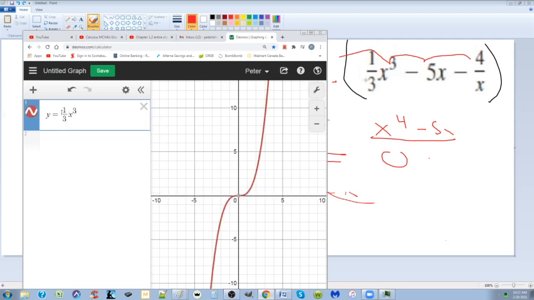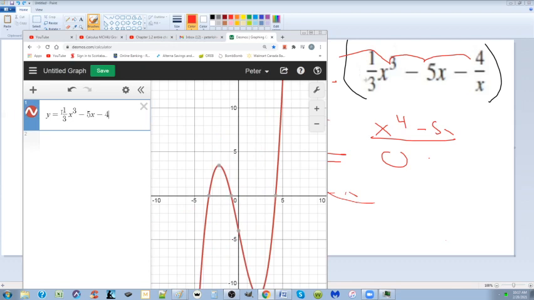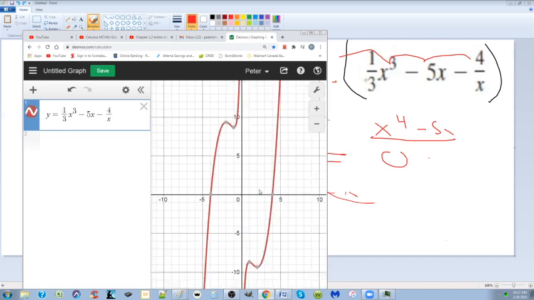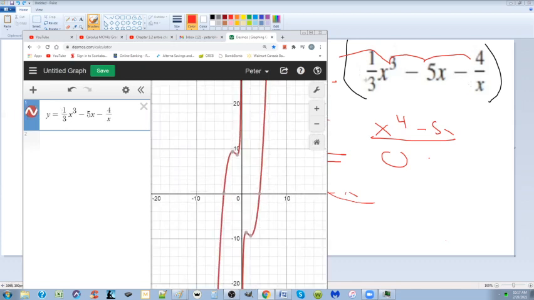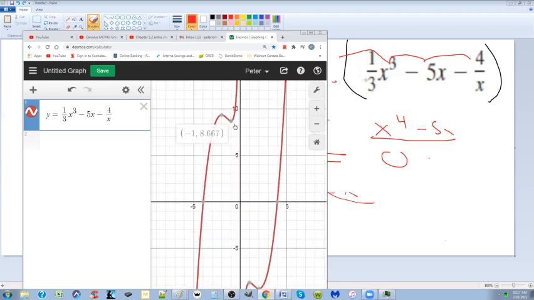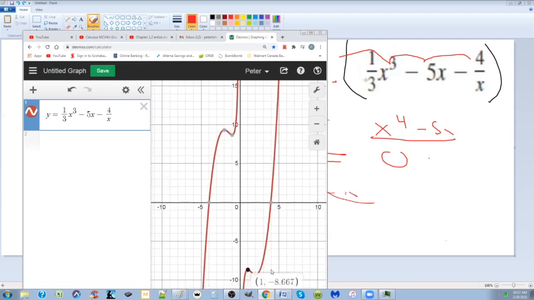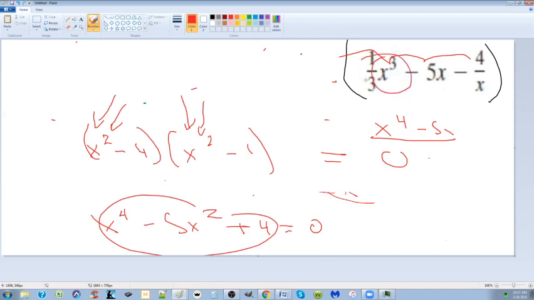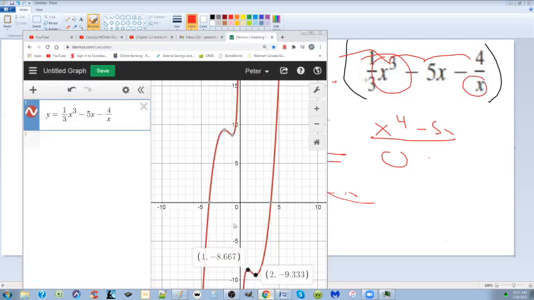Power 3 minus 5x minus 4 over x. Yeah, there you go. So that stupid x here created an asymptote, and thus my math was telling me that I was indeed correct, but my brain was telling me I was still living in the cubic world. But because of this x, it creates an x can't be 0.